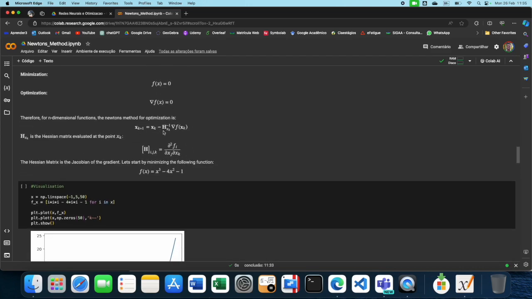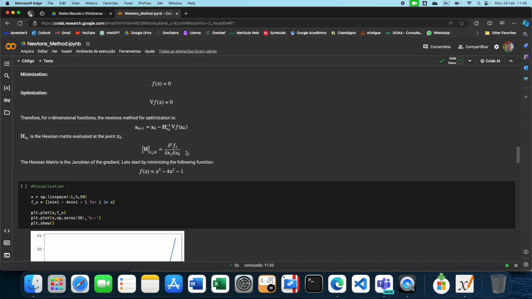And the Newton's method for optimization is the same. We are updating the first estimate that we had by doing a subtraction. And now the function is no longer f, but is the gradient of f. And here the matrix is no longer the Jacobian matrix, but is the Hessian matrix.